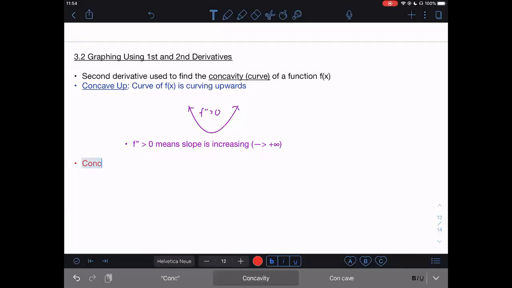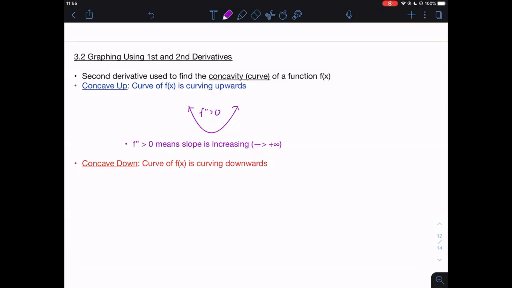If our function is concave down, that means the curvature of our function is opening downwards. So the curve of our original function f of x is curving downwards. Here we have an upside down parabola type of shape. Let me draw that as well.